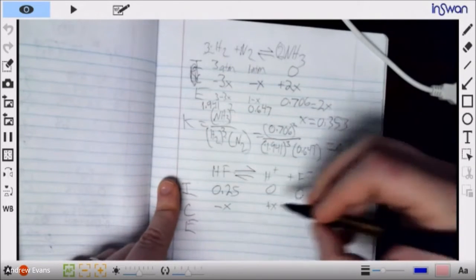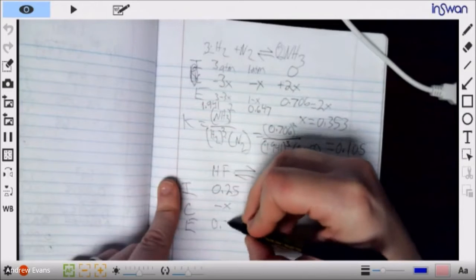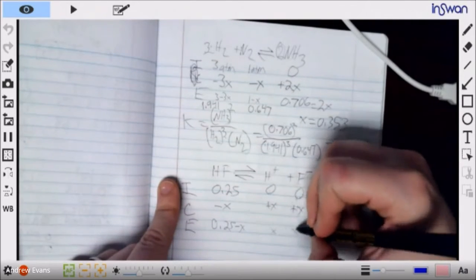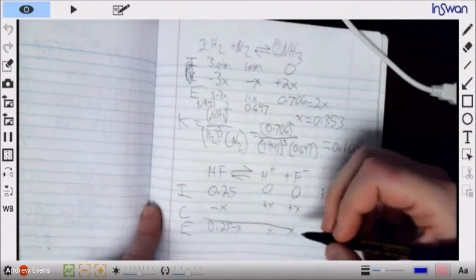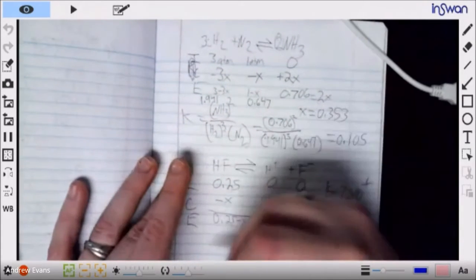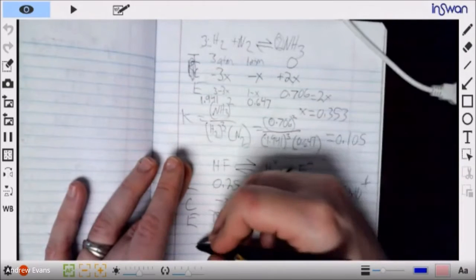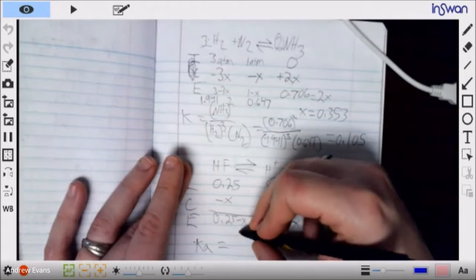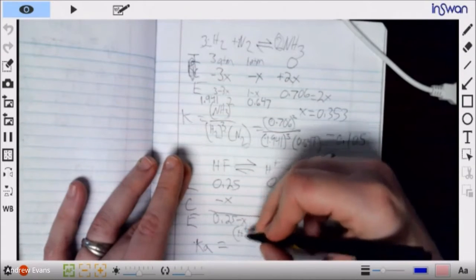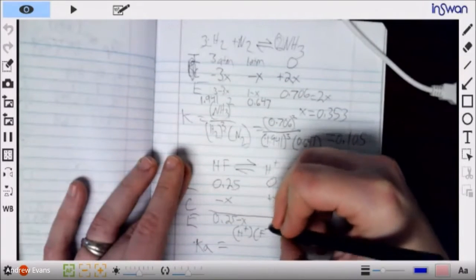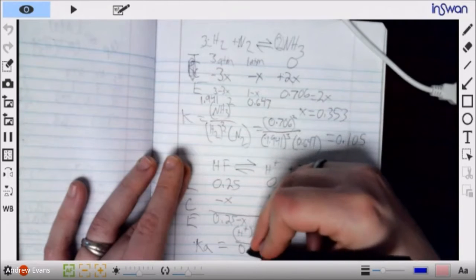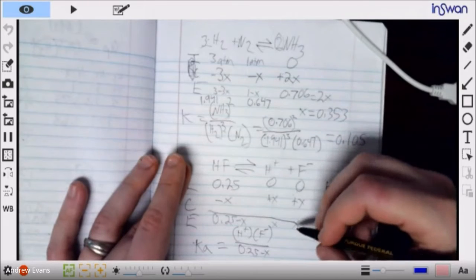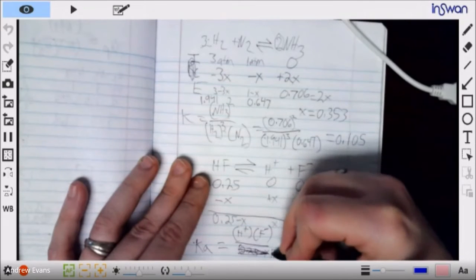Setting this up at equilibrium, this is 0.25 minus x. And these are just x and x. Now, setting that equal to K. The Ka equals H plus times F minus all over HF. Sorry, I plugged in things too early.